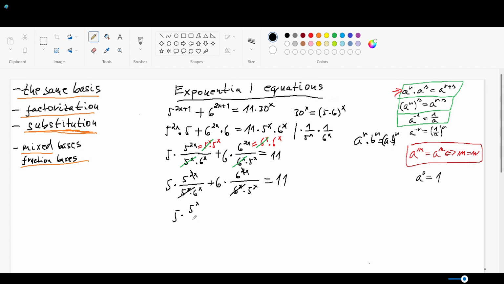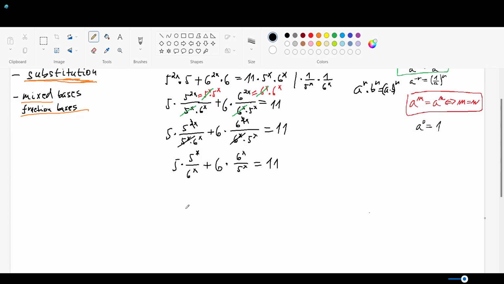So it's going to be 5 times 5 to the power of x over 6 to the power of x plus 6 times 6 to the power of x over 5 to the power of x is equal to 11.